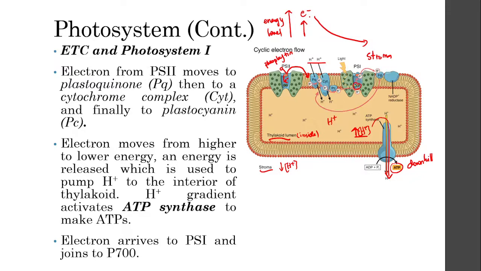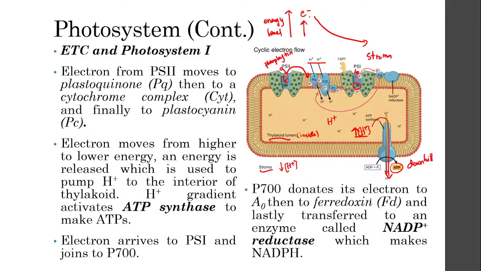So what happens is that this P700 first donates its electron to your A sub naught, which is your primary electron acceptor, and then to what we call a ferredoxin, or our FD.